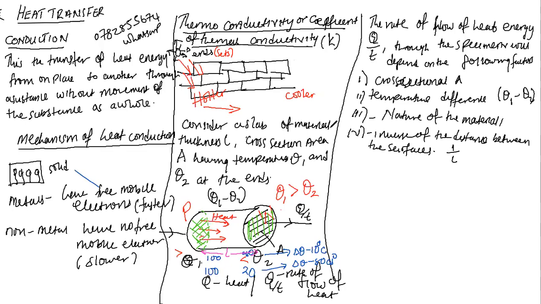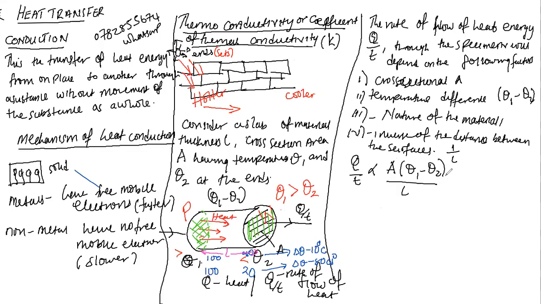Okay? So for that reason, we get the relationship which says the rate of heat transfer, which is Q over T, depends on 1, the cross-sectional area, 2, the temperature difference, and 3, the inverse of the length between the surfaces that are at different temperatures.